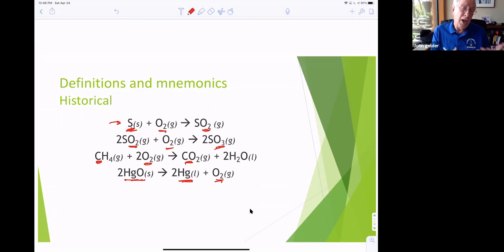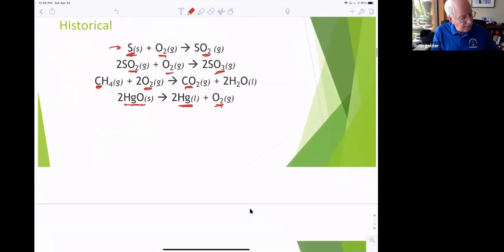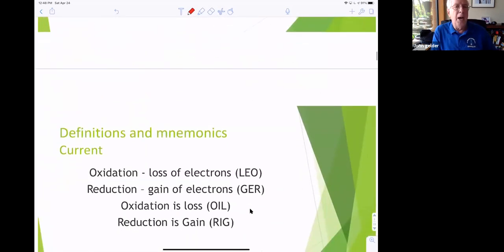So the terms oxidation and reduction have historical significance in the gain or loss of oxygen, but we have expanded our definition to become related to the electrons, loss of electrons and gain of electrons. And so the loss or gain, those terms have now flipped, where we talk about loss of oxygen was reduction, and gain of oxygen was oxidation.